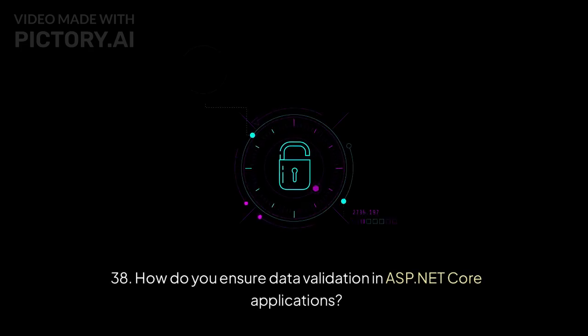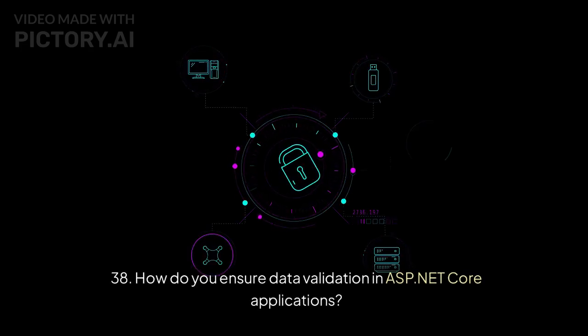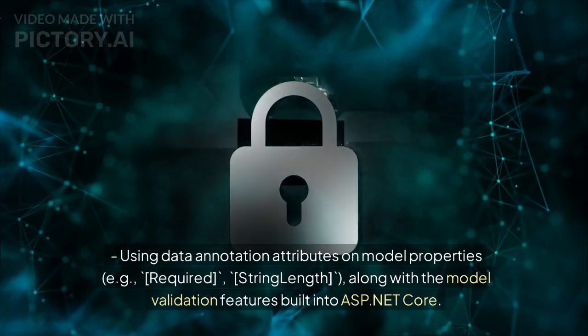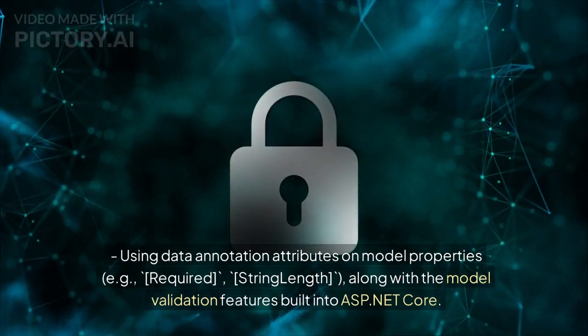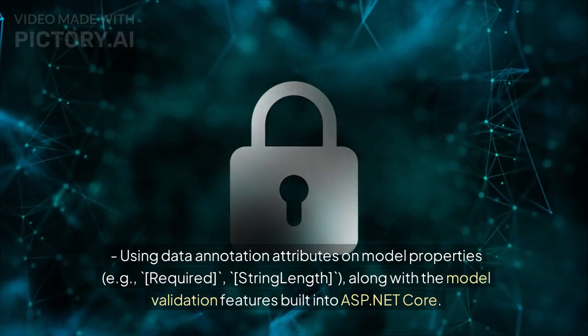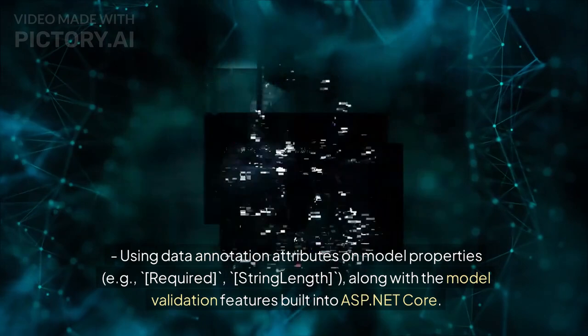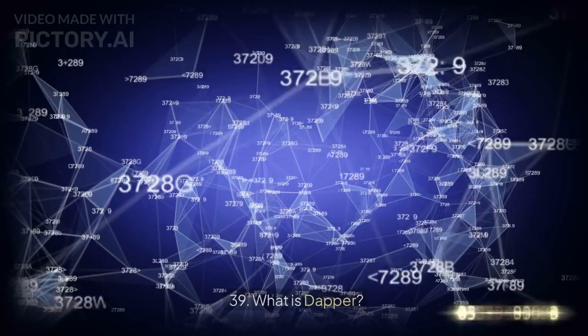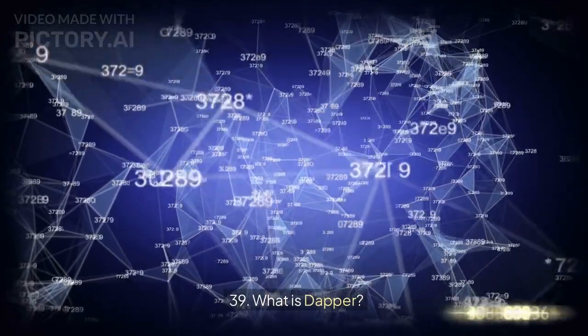38. How do you ensure data validation in ASP.NET Core applications? Using data annotation attributes on model properties, e.g., Required, StringLength, along with the model validation features built into ASP.NET Core. 39. What is Dapper?